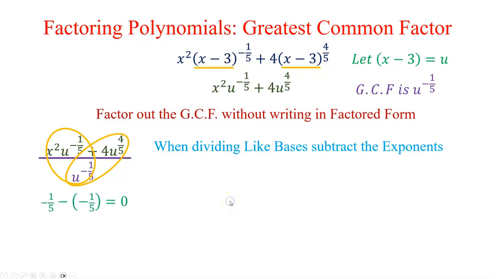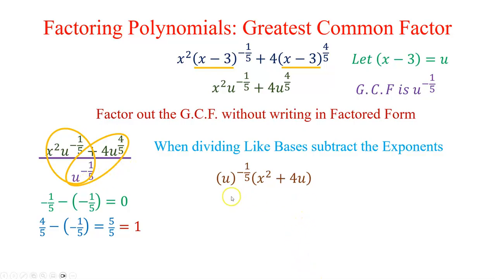So in this case, we'll be subtracting negative 1/5 minus another negative 1/5, and 4/5 minus negative 1/5. 5/5 gives us our 1. And so our u's will cancel here, and we'll only be left with u to the first, or just u. So my GCF we said was u to the negative 1/5. We're left with the x squared here. We're left with the 4 and 1u.